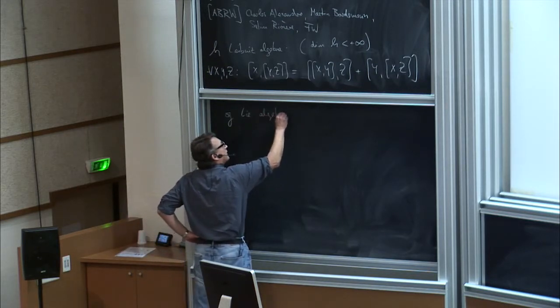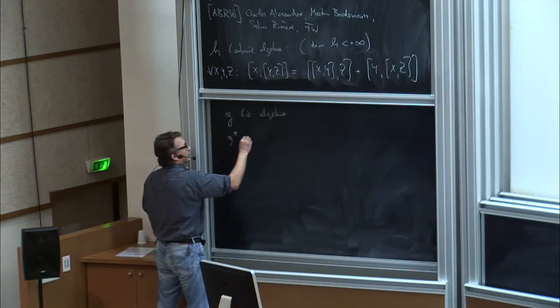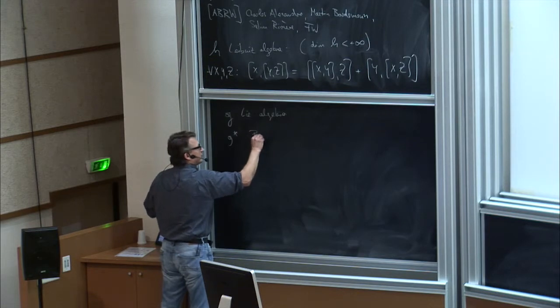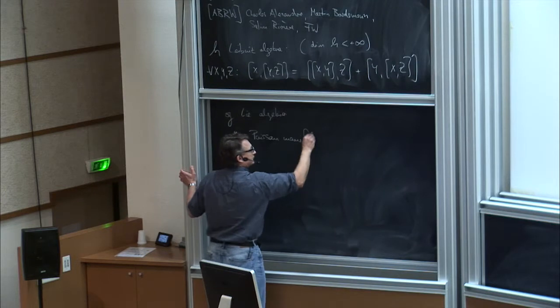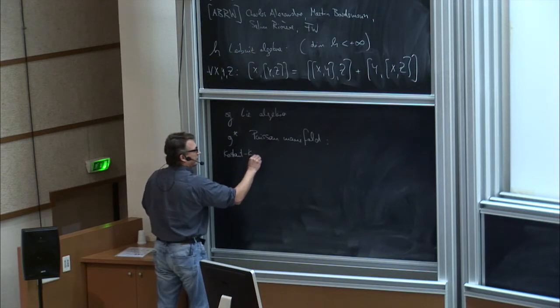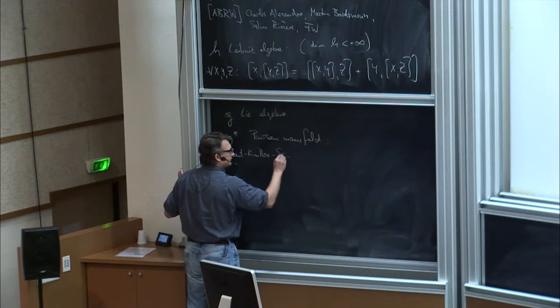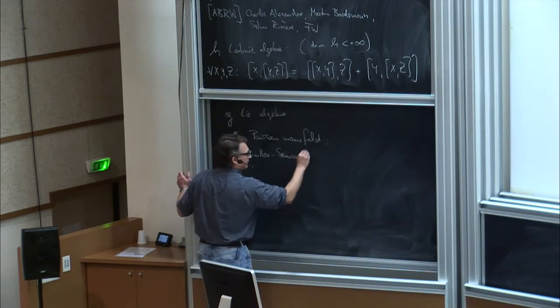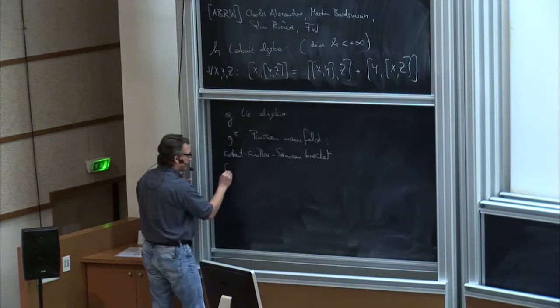So you all know that G star is a Poisson manifold with the Kostant-Kirillov-Souriau bracket. So that goes as follows.